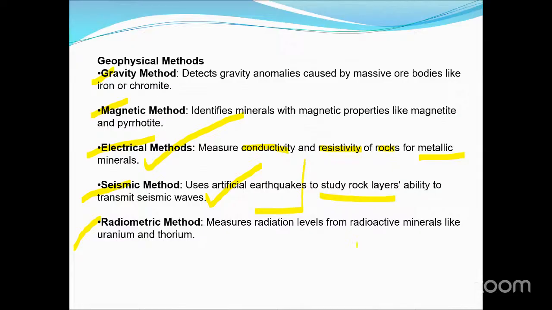Uranium and thorium minerals produce radiation, so we collect the radiation levels from radioactive minerals. So these are the five types of methods involved in the geophysical methods: gravity, magnetic, electrical, seismic, and radiometric method.